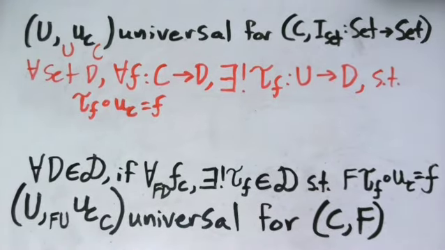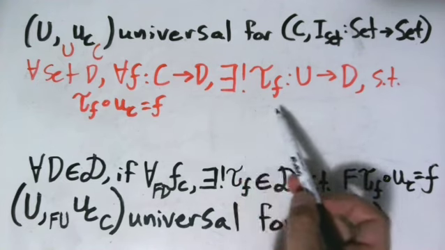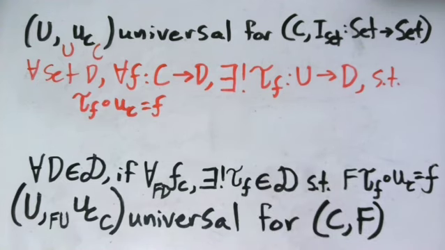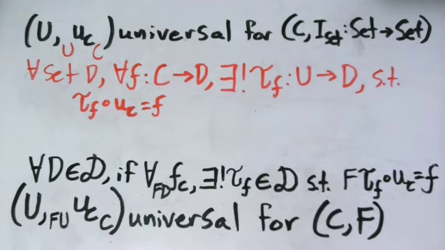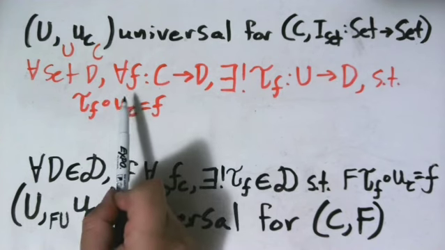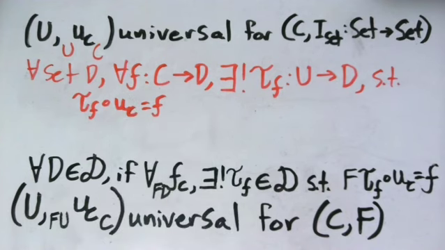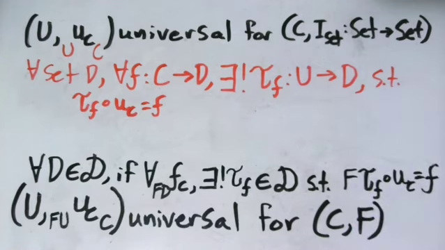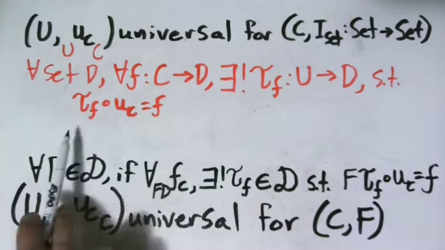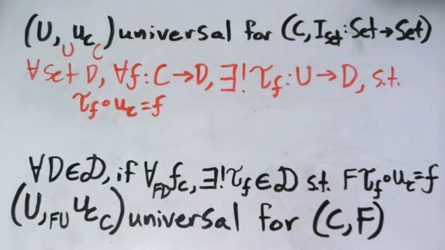But remember that we said that there exists a unique tau of f was actually two properties packed into one. And so the first one we said was an existence condition, which said that for any set function f from C into any D, we must be able to find a set function tau of f which makes the diagram commute.